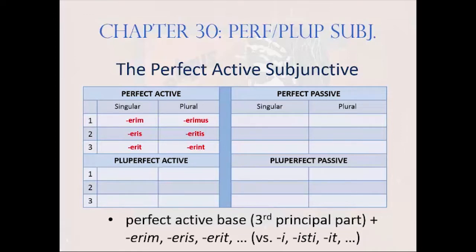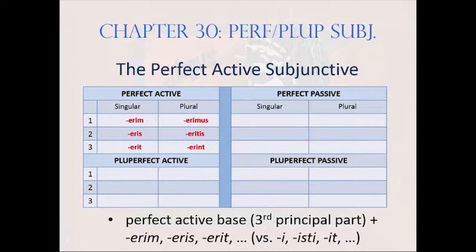Attach ERI to the end of the perfect active base, that is, the third principal part minus its I ending, and plug on the usual active personal endings, M, S, T, and so on. Not those perfect active endings seen in the indicative, I, isti, it, etc. It ends up looking almost exactly like the future perfect indicative, erim, eris, erit, erimus, eritis, erint.